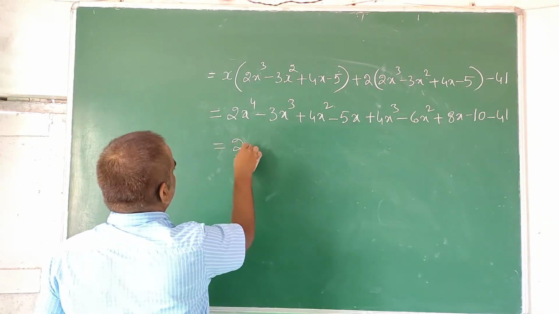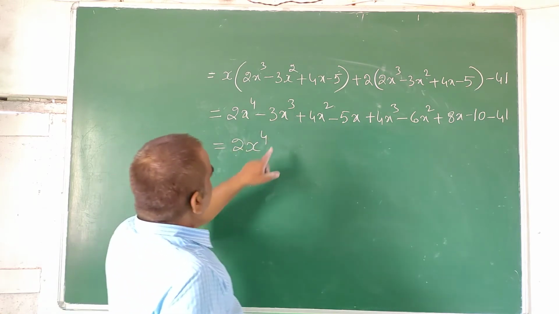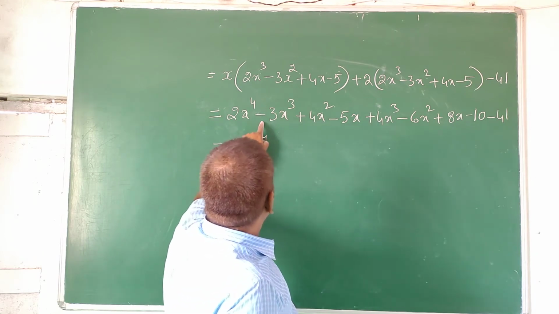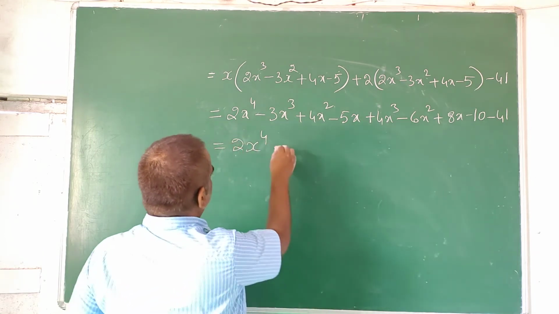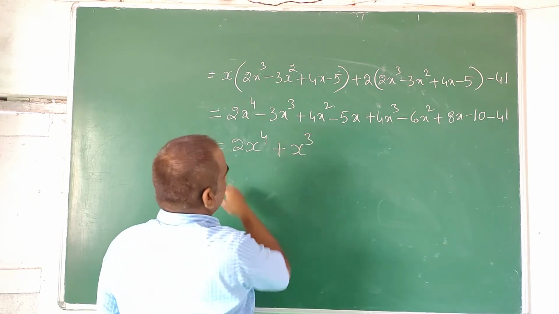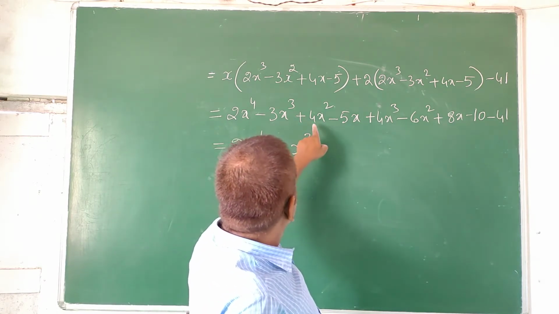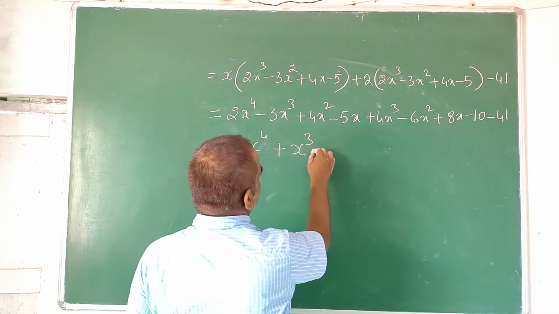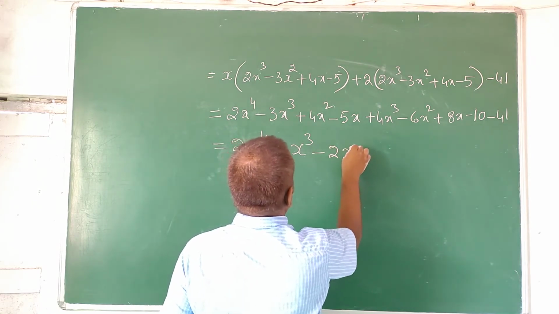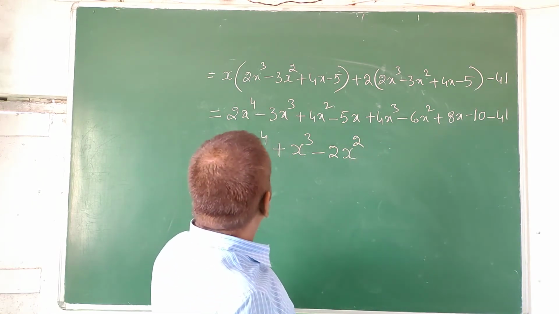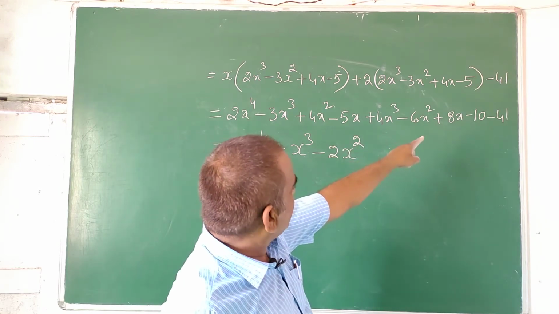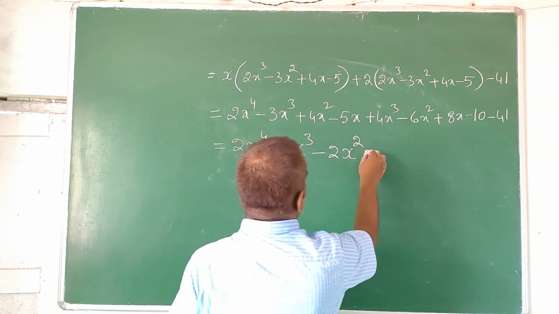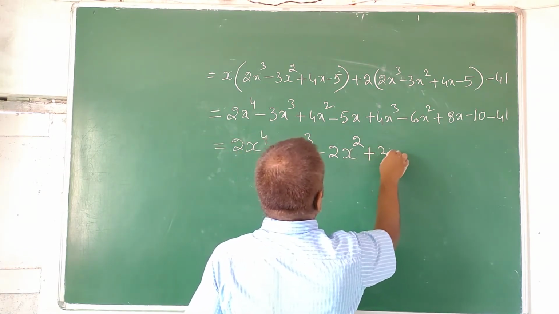Now 2x power 4. Now if you group the x cube terms, this is 4x cube minus 3x cube, which is plus x cube. Now if you group the x square terms, 4x square minus 6x square, which is minus 2x square. And if you group the x terms, that is 8x minus 5x, plus 3x.